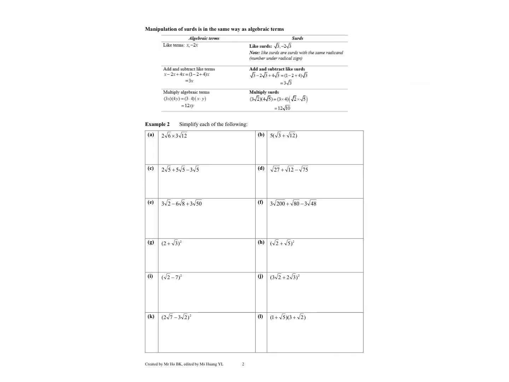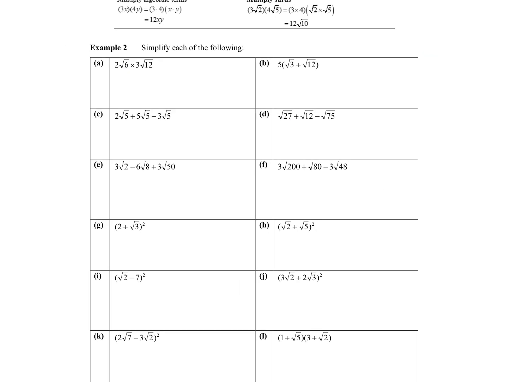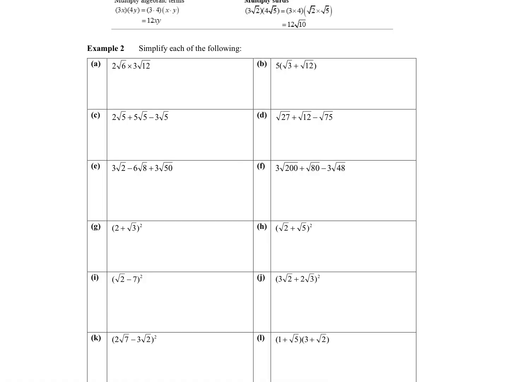Okay, this one, just further practice. So first thing first, number with number. Root 6 and root 12. Is there a way to simplify it? Can I break the root 12 further?